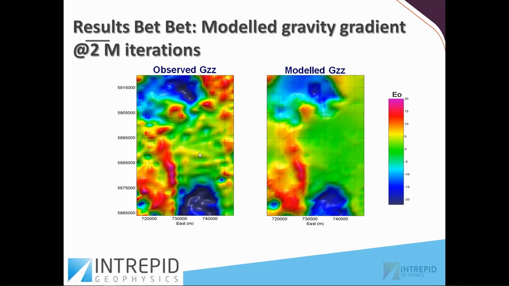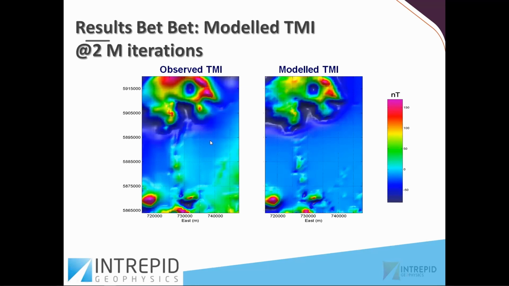I admit that there is a certain mismatch in the high frequencies, but this is okay. This is a very reasonable result. The same with the magnetic TMI. The observed one is matching with the modeled one after 2 million iterations. And this is a very nice study.